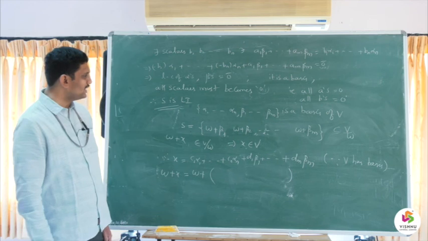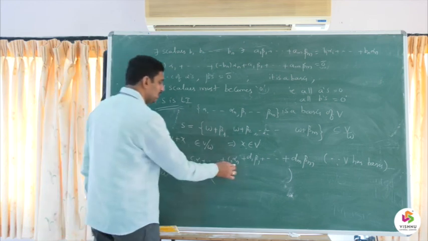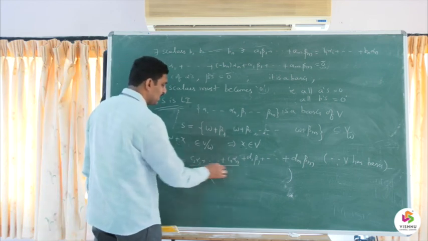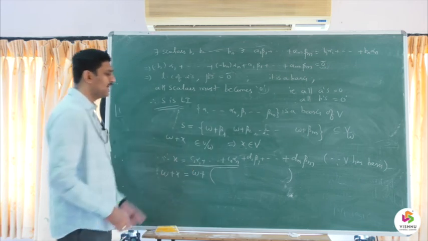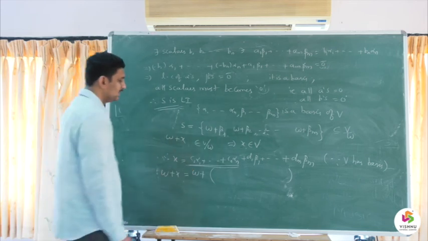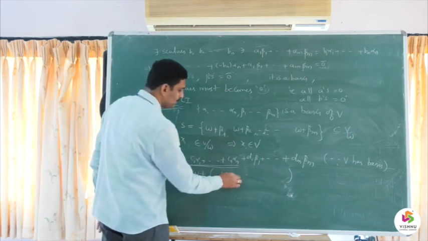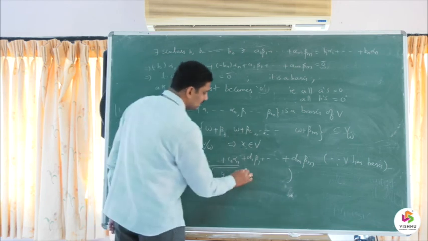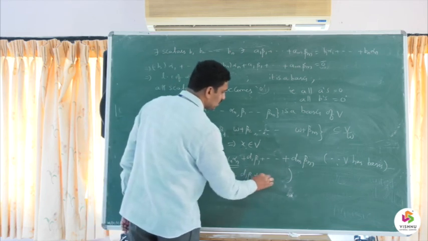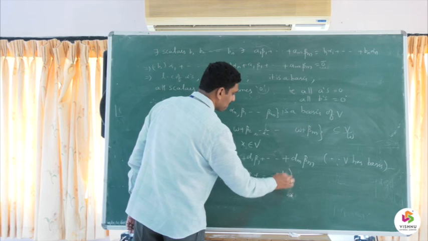For convenience, the alpha combination I have written here, I will indicate with a symbol. Say, I am taking it as Y plus D1 beta 1 plus so on plus Dm beta m.